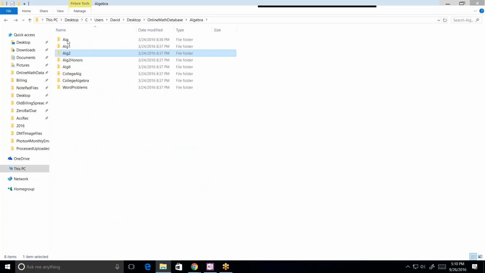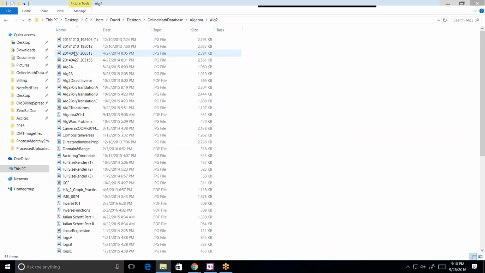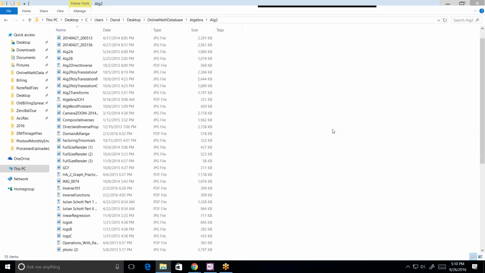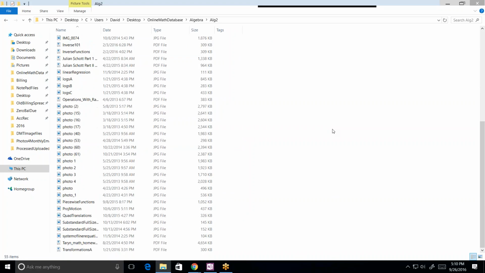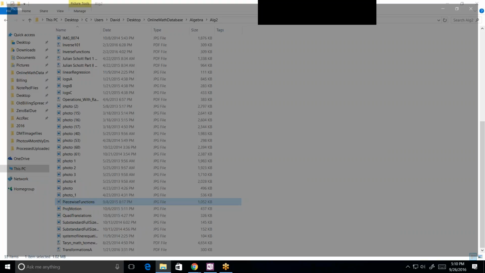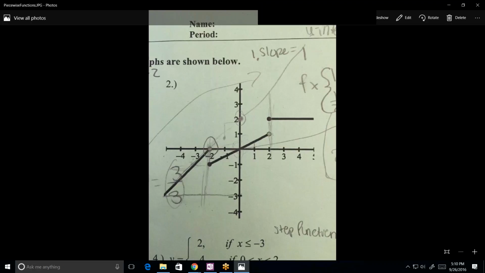Piecewise, yeah. I had these labeled. Okay, all right. Well, let's go this direction.